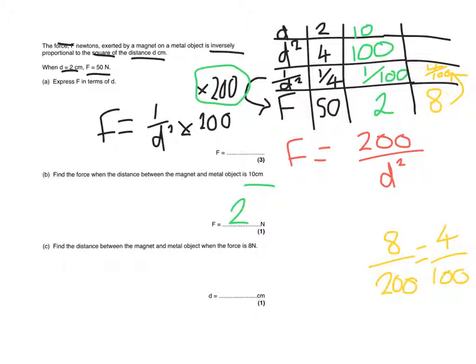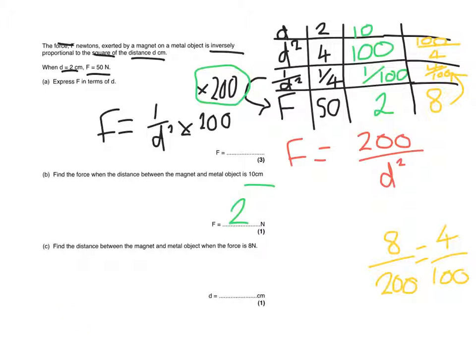And it's the inverse, so if I flip it, 100 over 4, inverse is when you flip the fraction, and to get from there to d, I need to square root it, so I need to square root the top and square root the bottom.